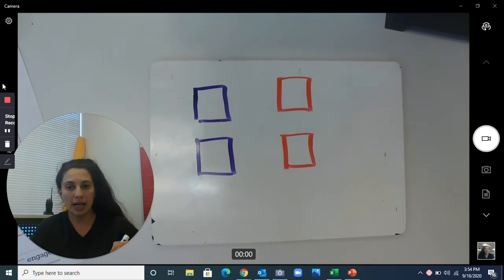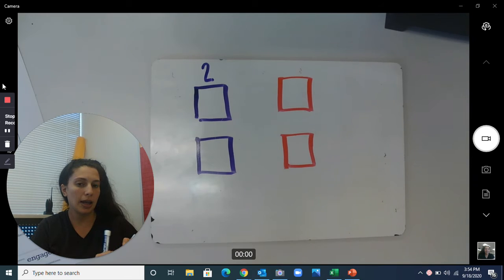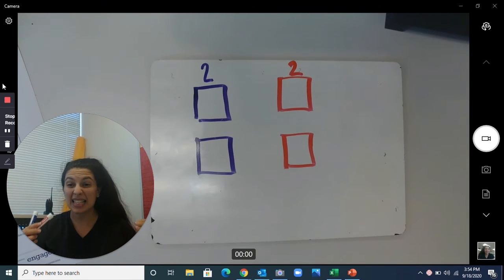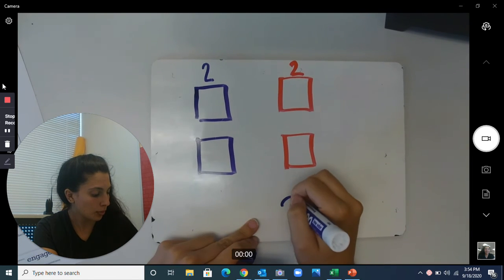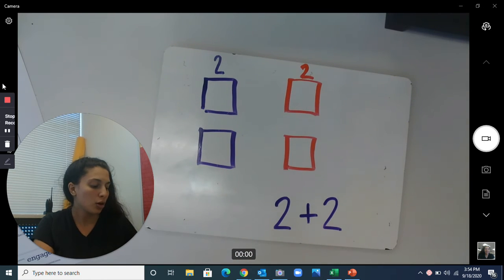If I write them down, I have 2 and 2. And if I want to make that number sentence, what can I do? I can write 2 plus 2.